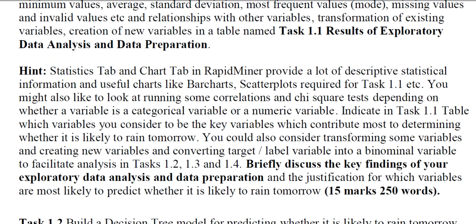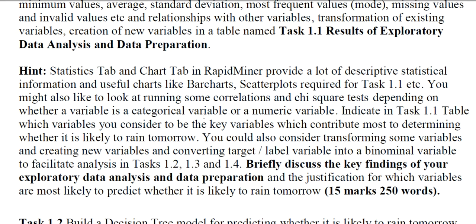What they expect us to do is, using the statistics tab and chart tab in RapidMiner, provide a lot of descriptive statistical information and useful charts like bar charts and scatter plots required for task 1.1. You might also look into running some correlation or chi-square tests, depending on whether the variable is categorical or numerical.